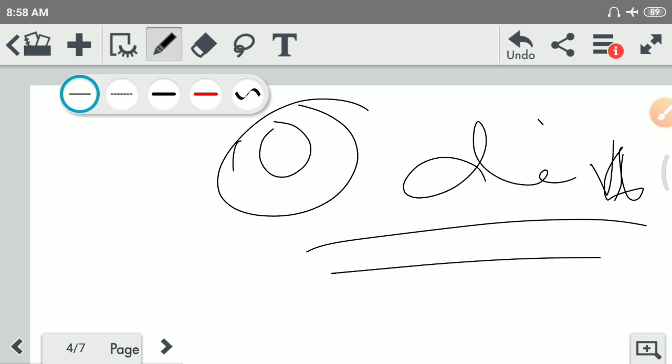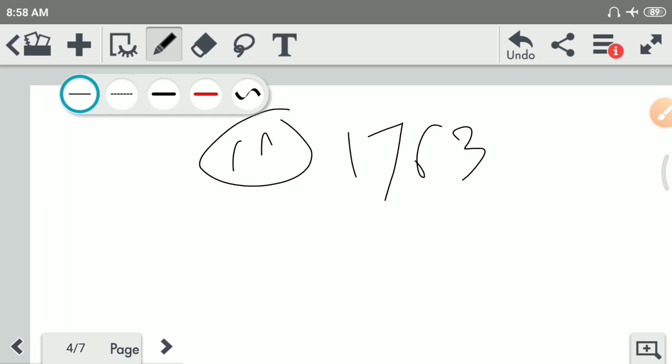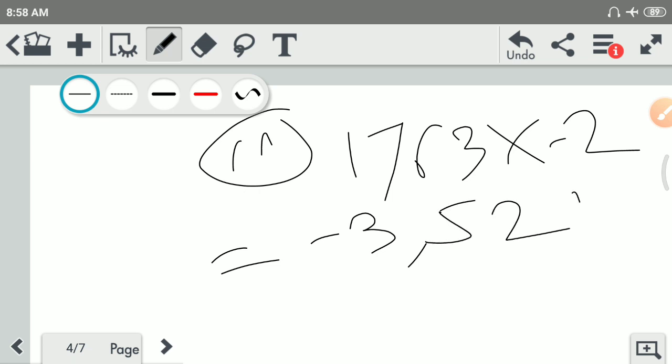First you multiply 1763 into minus 2, so you will get minus 3526.